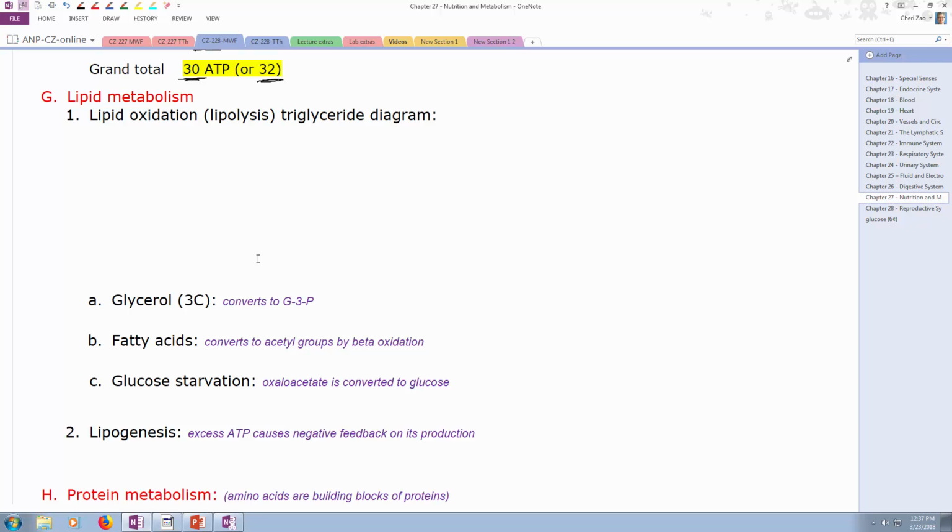Okay, lipolysis, lipid oxidation, and of triglycerides. What's important is the triglycerides are broken down into glycerol and fatty acids. It's important to realize that actually triglycerides are the major fuel for your skeletal and cardiac muscles and liver.